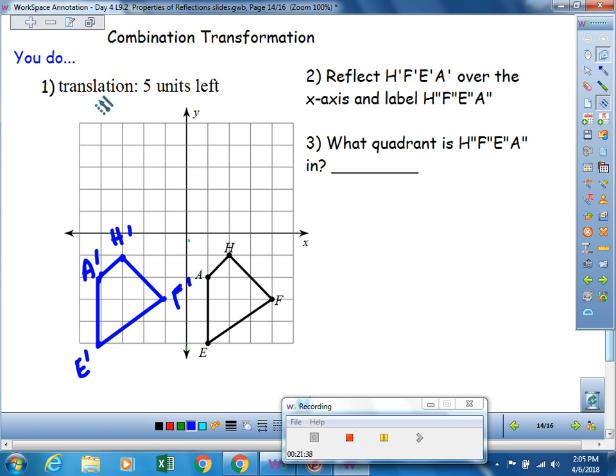And then what axis line are we going over? The X. So your shape should look like this. Oops, double prime. And F.